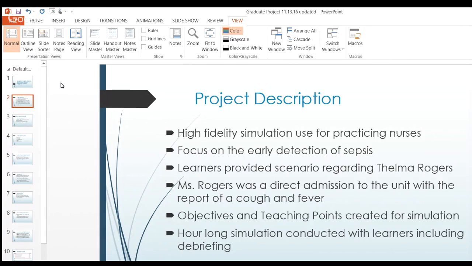The simulation included objectives, background on the patient, her vital signs, her system assessment findings, lab values, chest x-ray with radiology report, and teaching points. I served as the voice of the patient and the doctor throughout the simulation and led the debriefing for the simulation as well. Both a pre and post survey were completed by the learners.